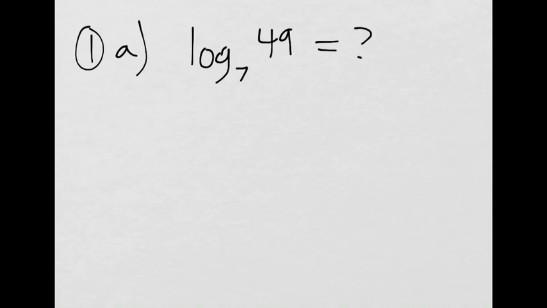Okay? So think of this as saying, just using our definition that we had before, 7 to the power of what equals 49? You get that? 7 to what exponent equals 49? If I just converted this to exponential form, this would be 7 to the what power equals 49?